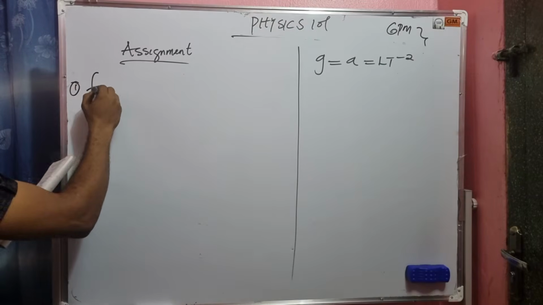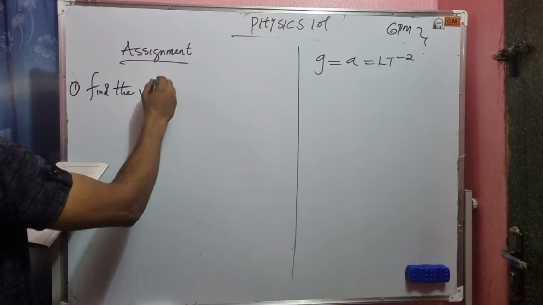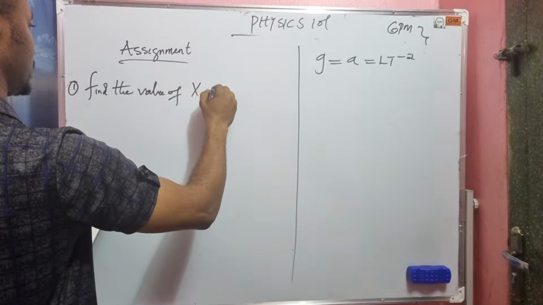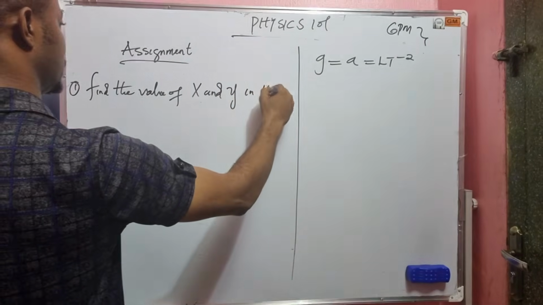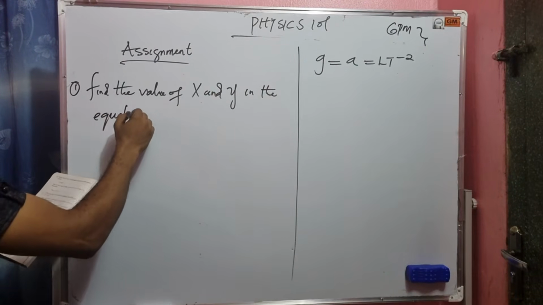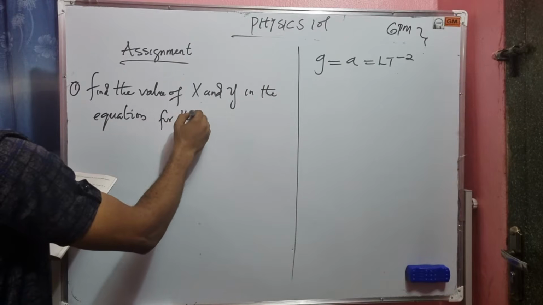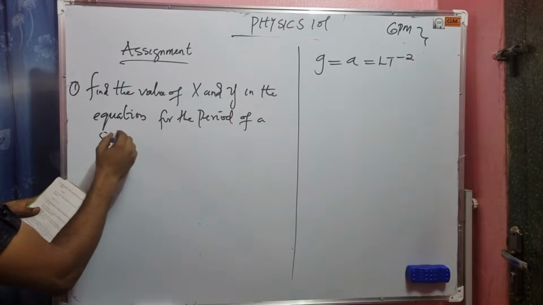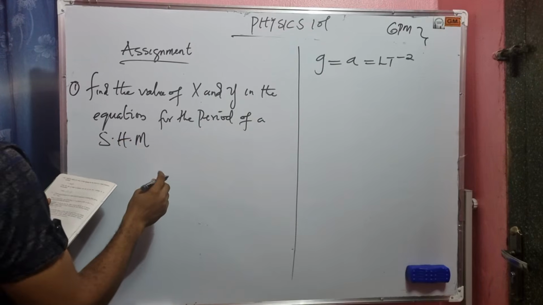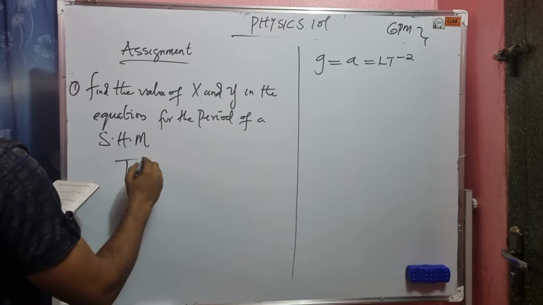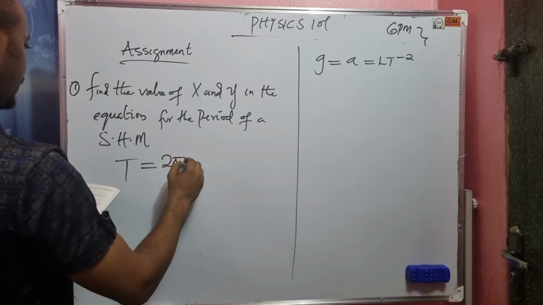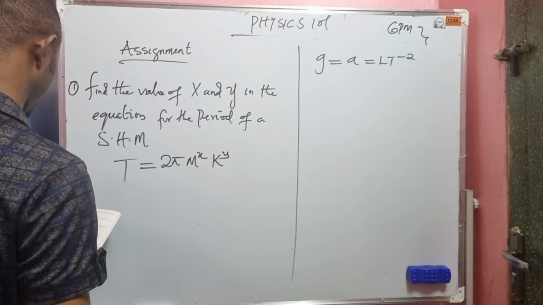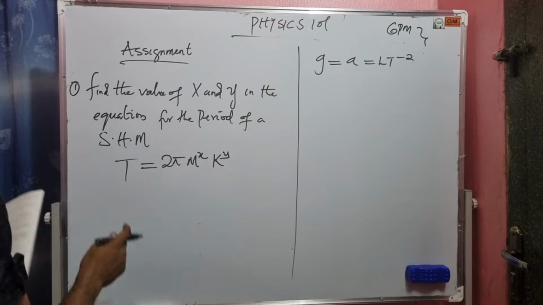Number 1: find the values of x and y in the equation for the period of a simple harmonic motion, T equals 2π m to the power of x, k to the power of y.